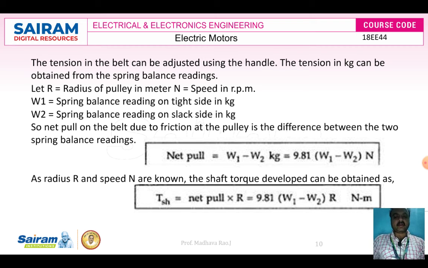As the radius R and speed N are known, the shaft torque developed is equal to net pull into radius, which is 9.81 into (W1 minus W2) into R newton meter. That is the torque we can calculate using this formula.